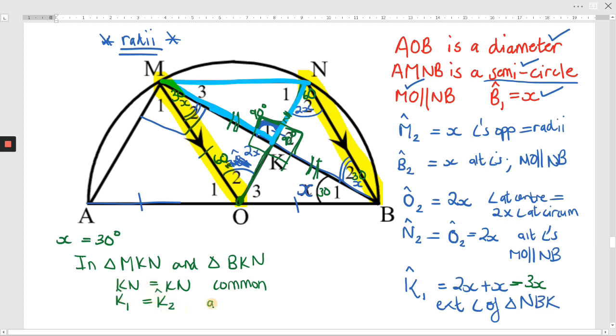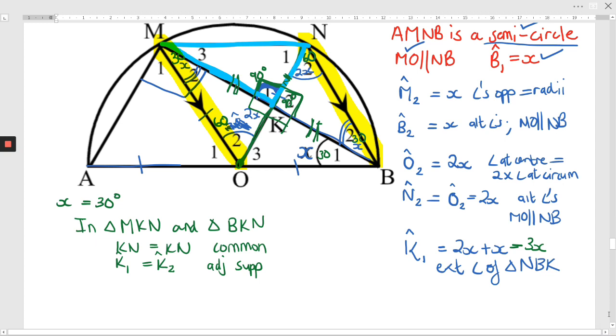I'm going to say adjacent supplementary there, or angles on a straight line. And then I've got the ones that I got from the line perpendicular from the center to the chord. So my MK equals BK, and it was, what did I have? I had line from center perpendicular to chord, because that then gives me the fact that they're equal to each other.